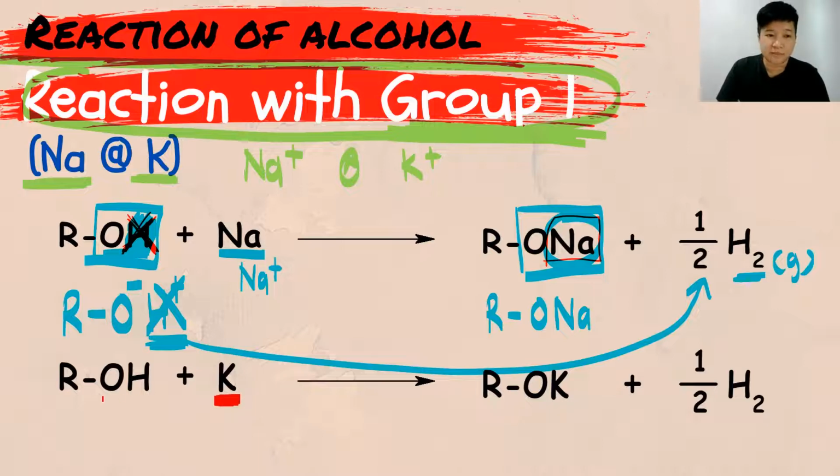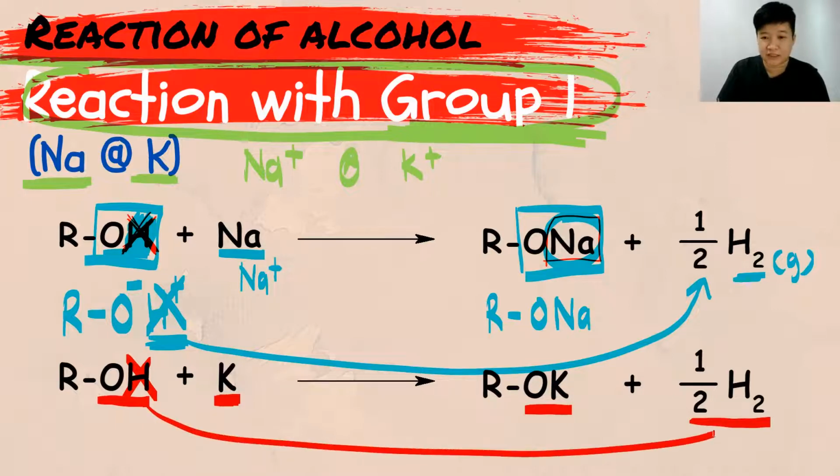The hydrogen of the OH is removed, replaced by the K, the potassium, and then you produce hydrogen gas from this hydrogen. Same story, because your oxygen will be O minus, your K will become K plus. So O minus and K plus become ROK. Simple. That is the reaction between alcohol and group 1 metal.